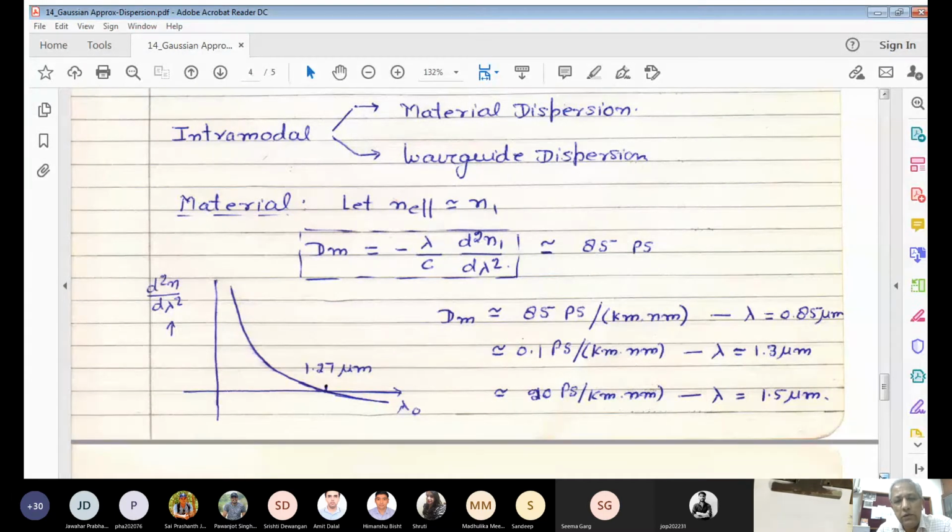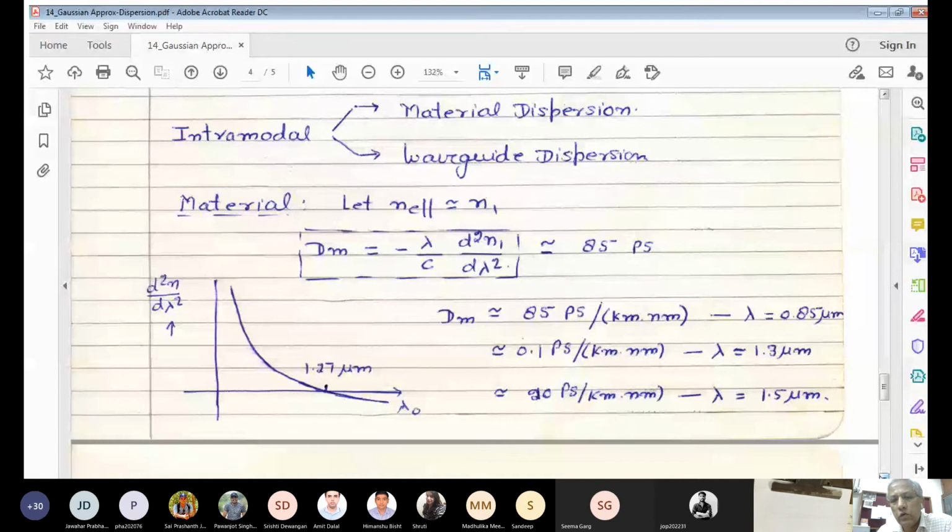So the effect of the cladding refractive index on the effective index of the fundamental mode or any mode is small, and you can roughly assume that N effective is almost N1, just to have an idea. Then dm, that is minus lambda upon C times d square N1 by d lambda square, comes out to be roughly 85 picosecond.